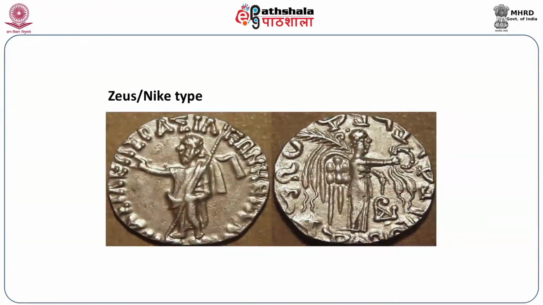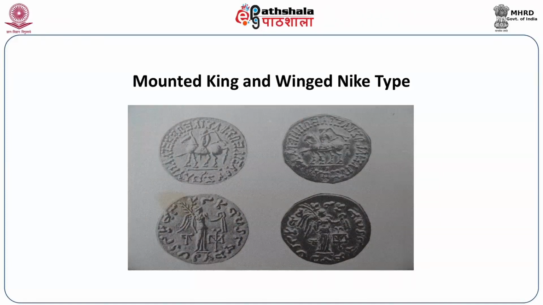The Zeus Nike type is also a very common type which was used for the Taxila region, and Agis along with Maues continued the Zeus Nike type in this region. As I mentioned earlier, when we have to identify Agis I, we have to see whether the mounted king device, which was the very common device among the Indo-Scythians, is holding a spear or a whip.